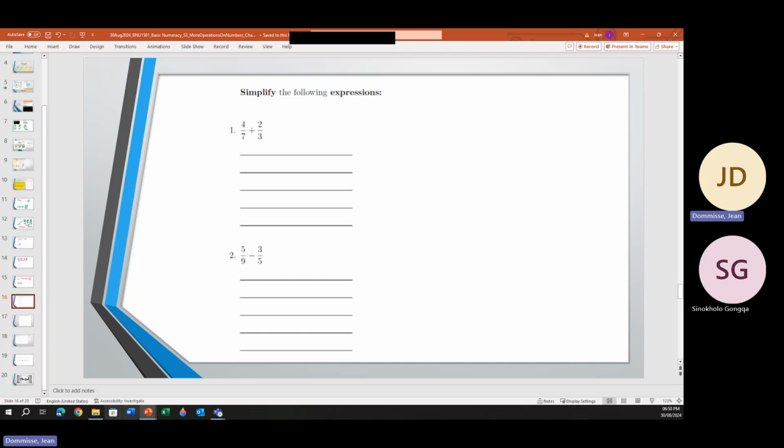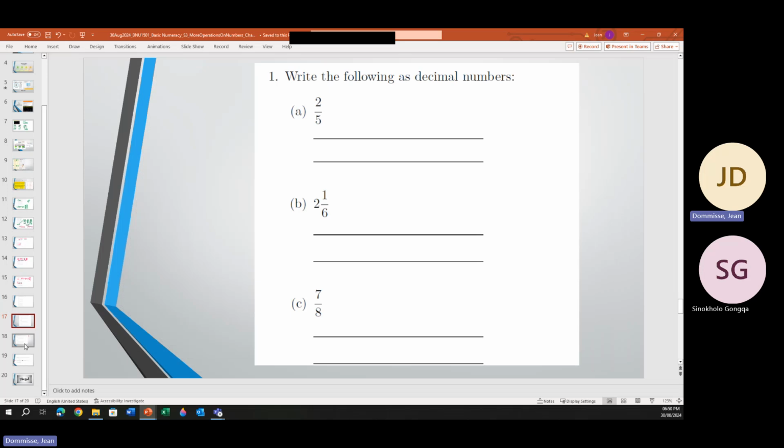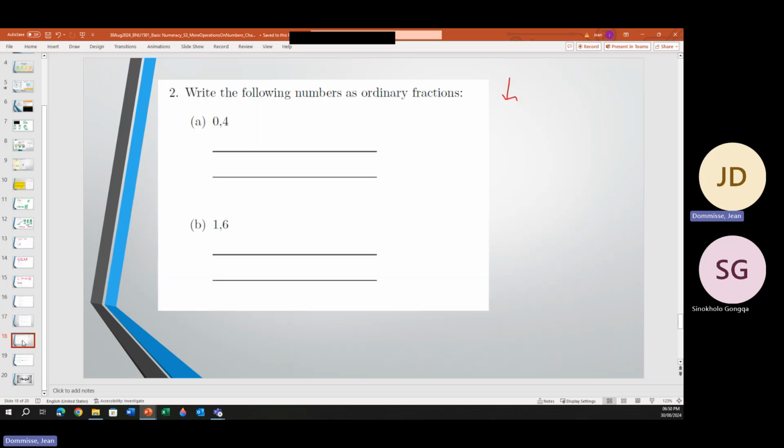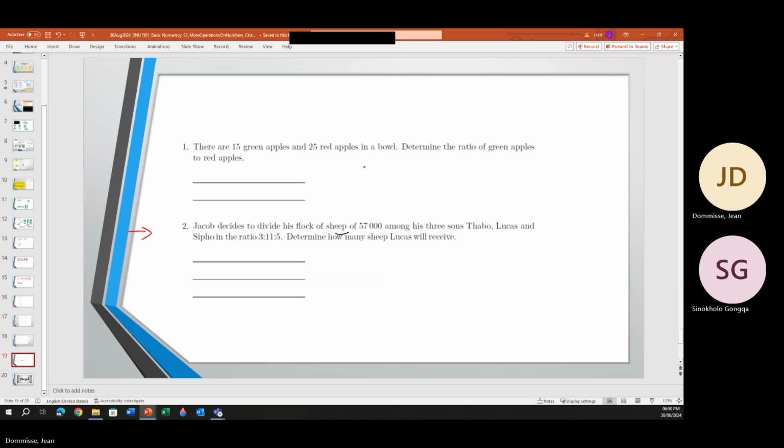Okay, we've got about 10 minutes left, so I wanted to do a ratio question, and we will do both, because they love ratios.